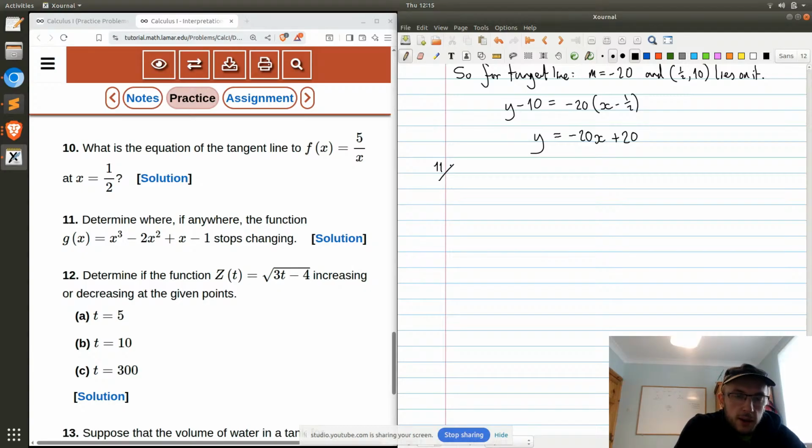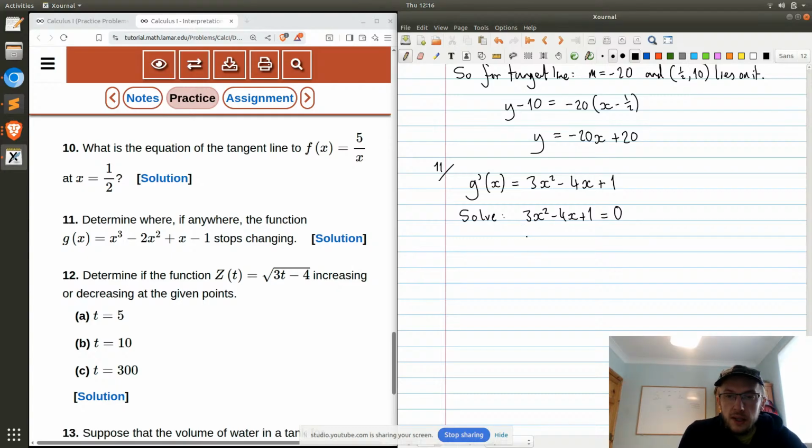Okay, determine where, if anywhere, the cubic function g of x equals x cubed minus 2x squared plus x minus 1 stops changing. So what we need to do is take the derivative. Find g prime of x, which is 3x squared minus 4x plus 1. Then solve that quadratic equaling 0.